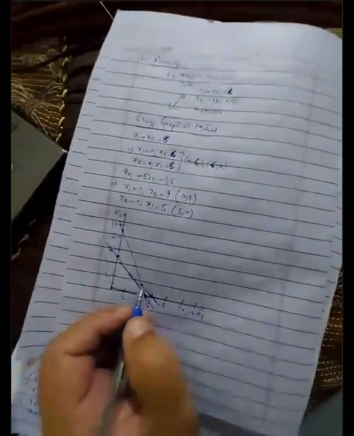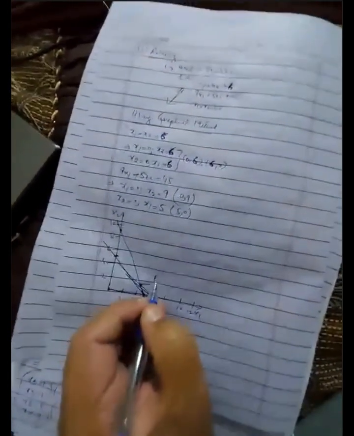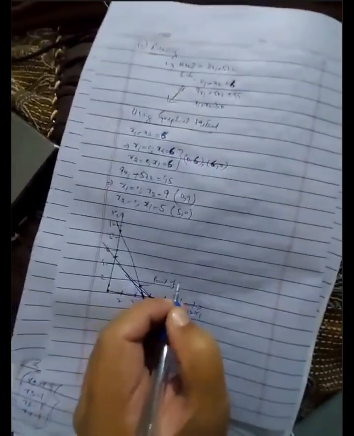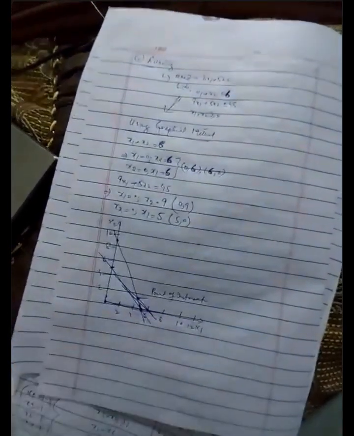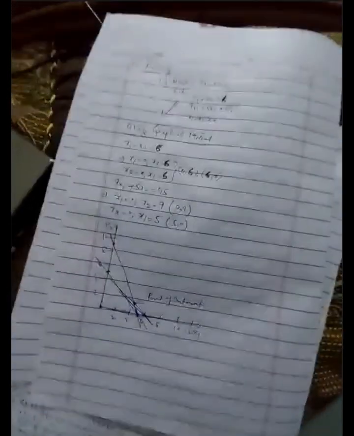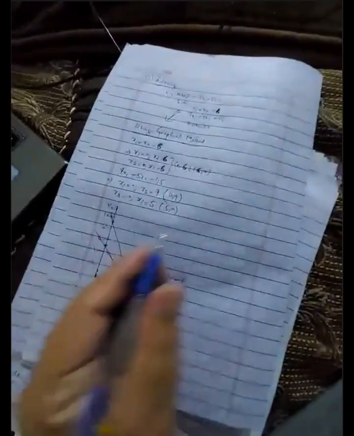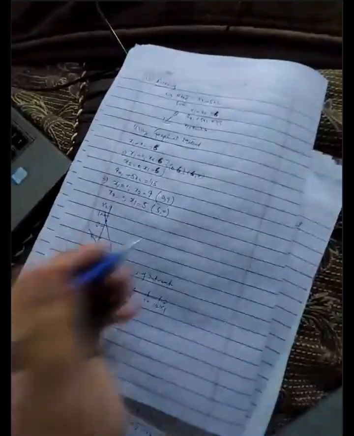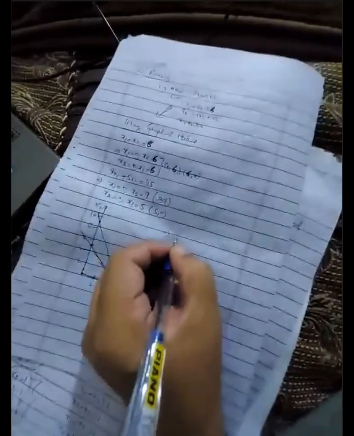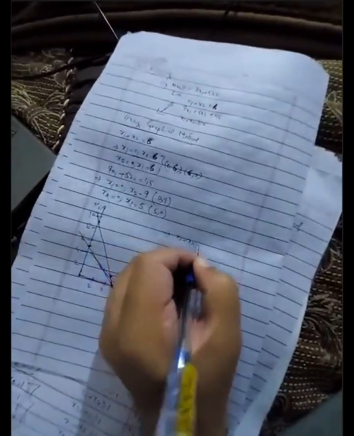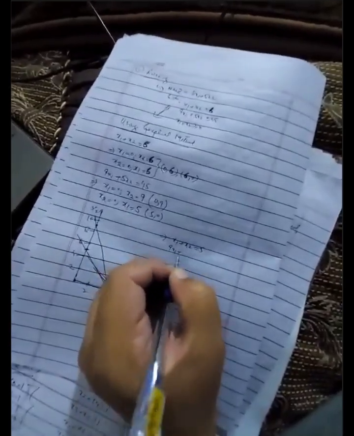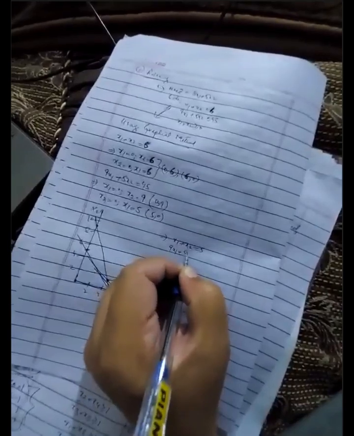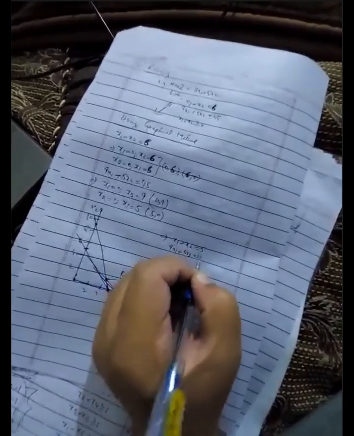Okay. Now we need to see this point of intersection to find the optimal. Now to find the point of intersection, we use both of these constraints. X1 plus x2 is equal to 6 and 9x1 plus 5x2 is equal to 45.